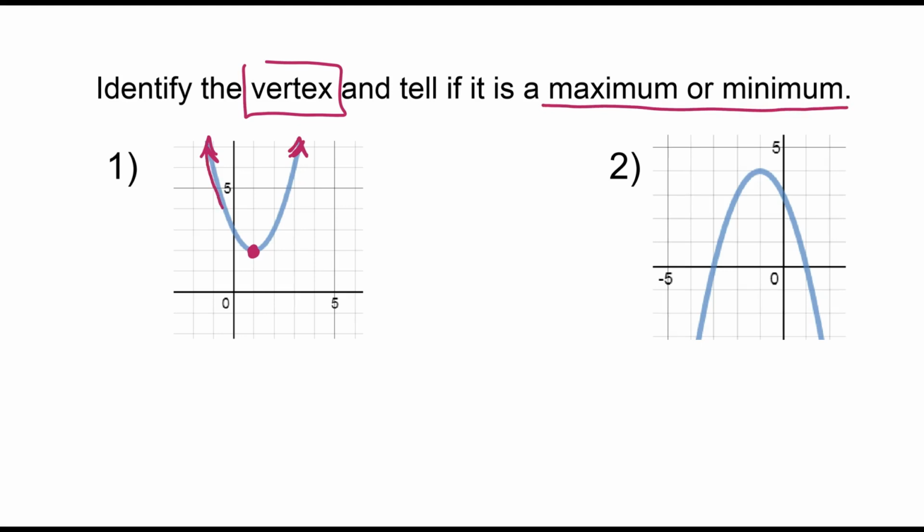As x goes from left to right, kind of like you're reading a book, I come to a minimum y value right down here where my parabola is. And so I have a vertex at 1, 2.